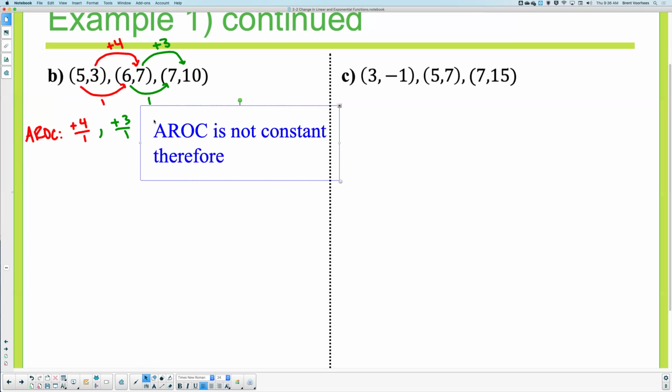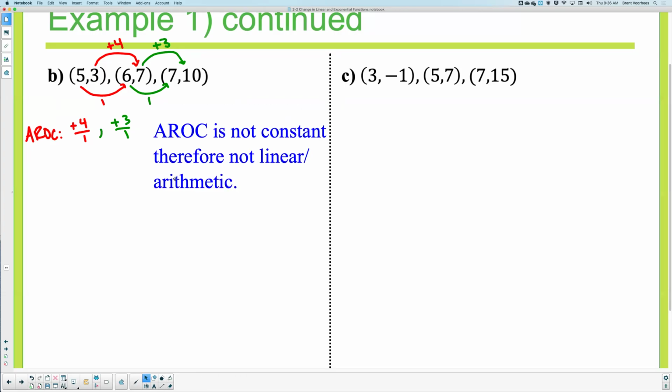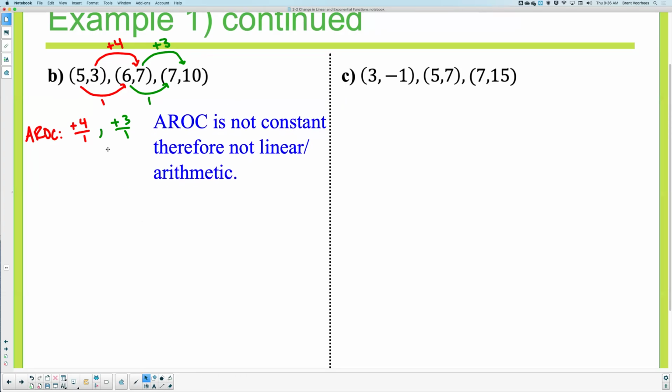Therefore, not linear / arithmetic. Good. Y'all are doing great.